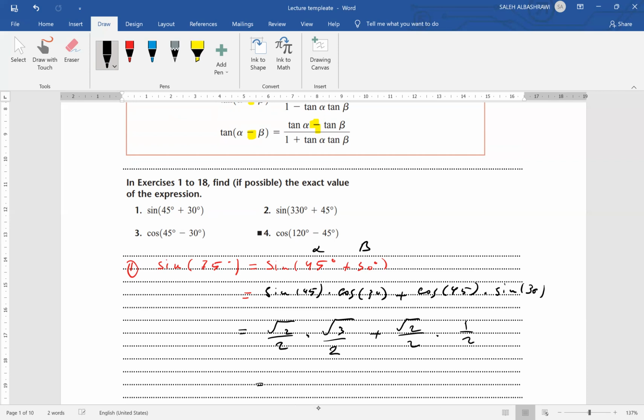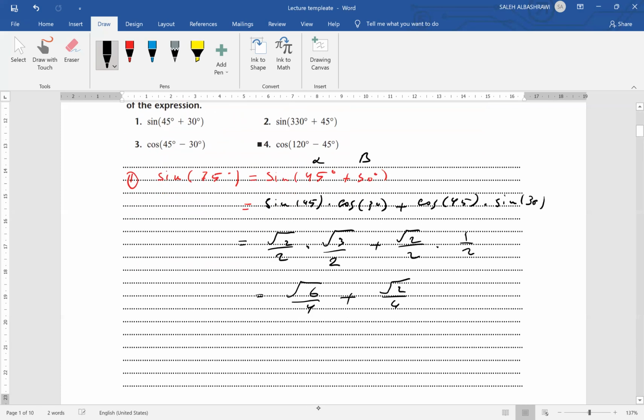That gives square root of 6 over 4 plus square root of 2 divided by 4, which can be written as square root of 6 plus square root of 2 divided by 4. So this is the exact value of sine 75, or sine 45 plus 30.